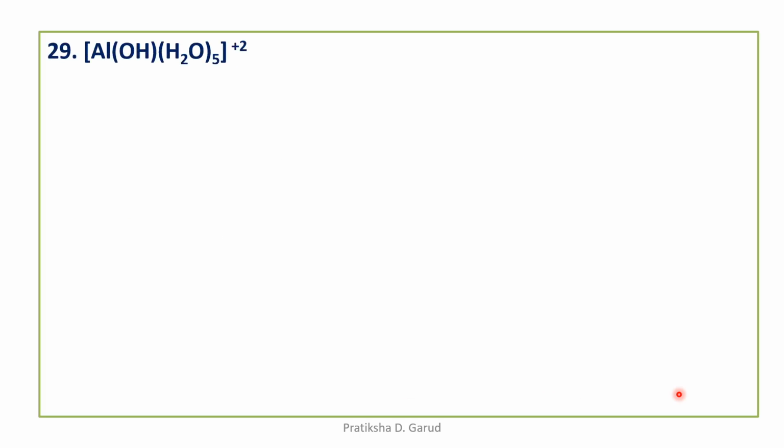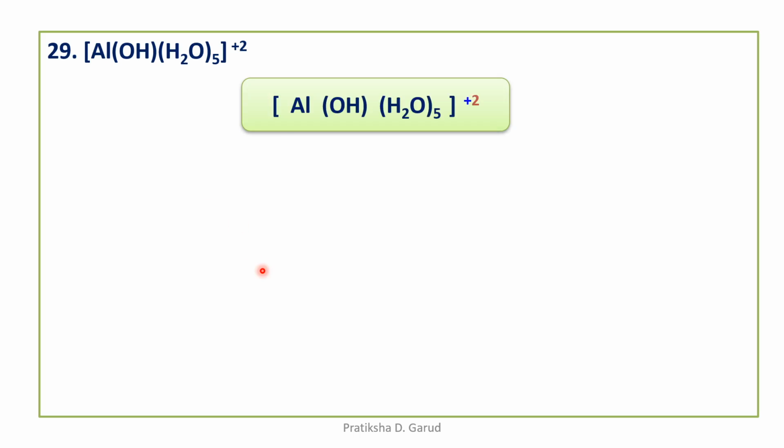Next one, [Al(OH)(H2O)5]2+. In this example, aluminium is the central metal, hydroxo or the OH is the negative ligand, therefore minus 1 charge, water H2O is the neutral ligand, therefore 0 charge, and this complex is having the plus 2 charge, therefore at the end of the name we have to write the ion.